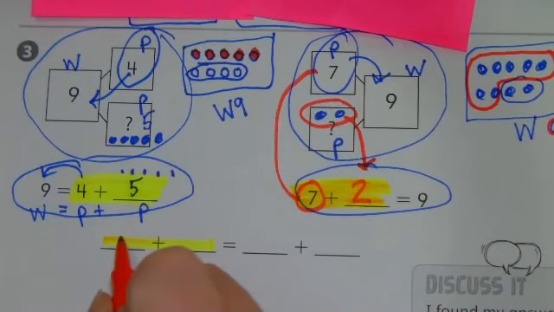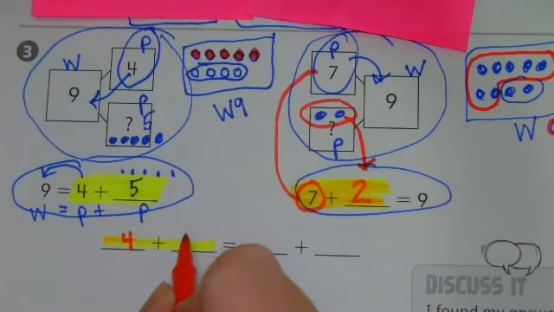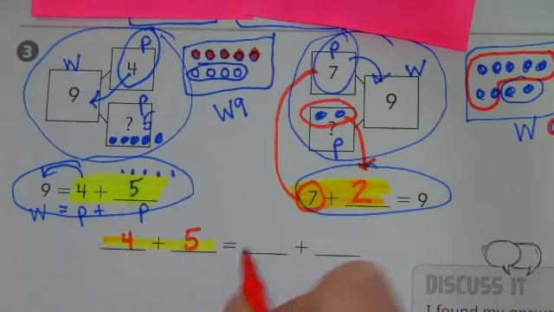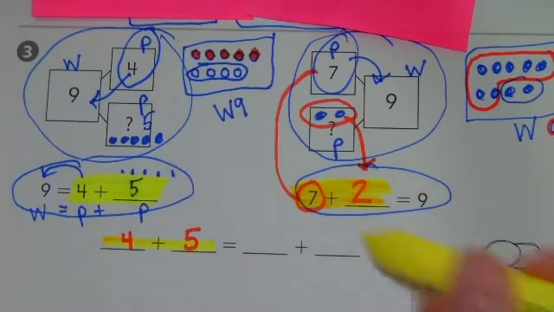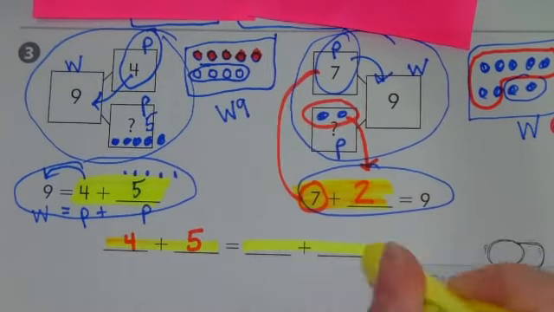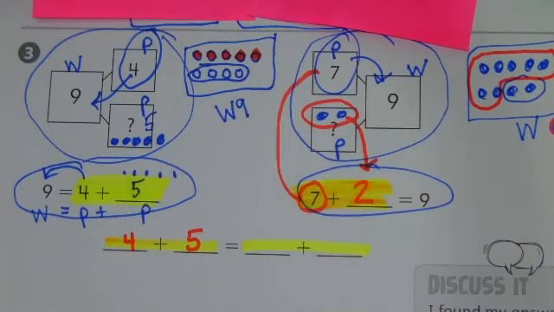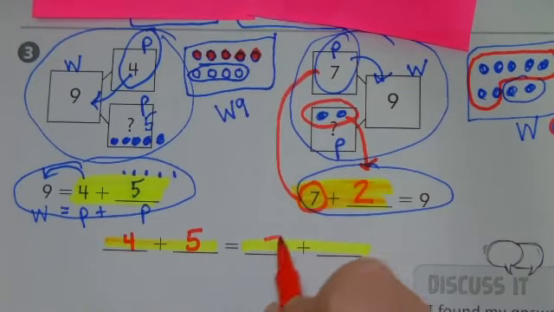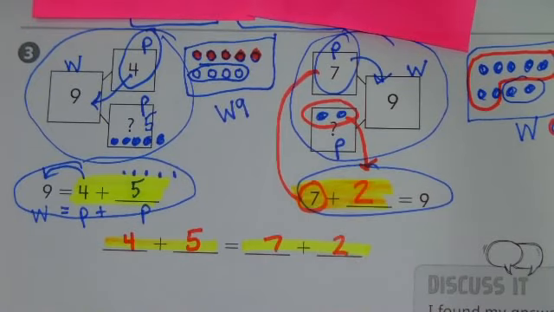I'm going to put that 4 plus 5 right there. So 4 plus 5 equals, and then I'm going to take my 7 plus 2 and put my 7 plus 2 here. Okay? 7 plus 2.